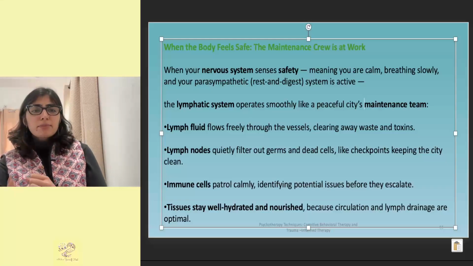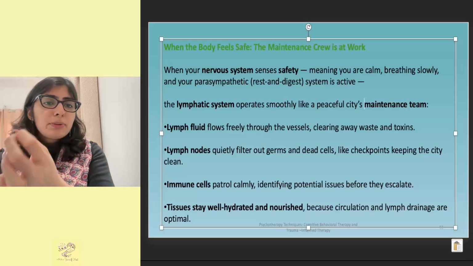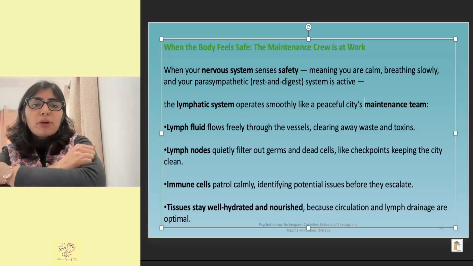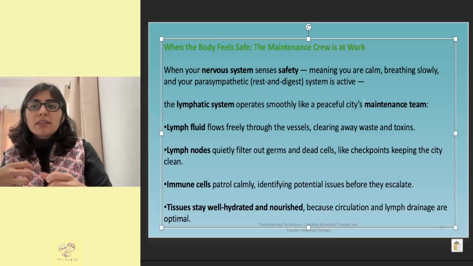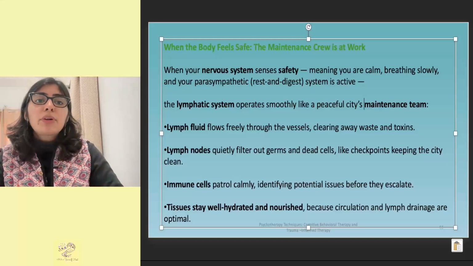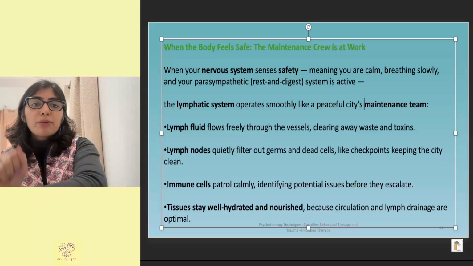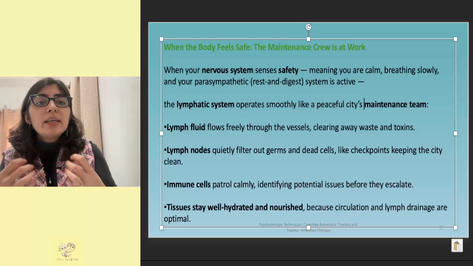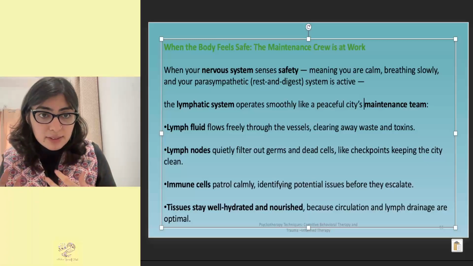Tissues stay well hydrated and nourished. If you have watched a YouTube video or heard of body tapping, it's suggested that after waking up in the morning, take 5-7 minutes and tap your body to activate all the lymphatic vessels.